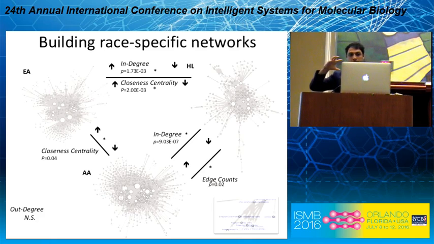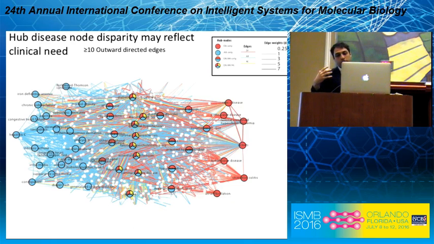Furthermore, we can move beyond the networks themselves to look at other factors relating to these networks, and one of them is how the hub diseases, which we define as diseases that have 10 or more outward directed edges, differ between the populations. And the first thing that's apparent is that there is some stratification where there are diseases that are very prominent and leading to many other diseases that are unique to each population.